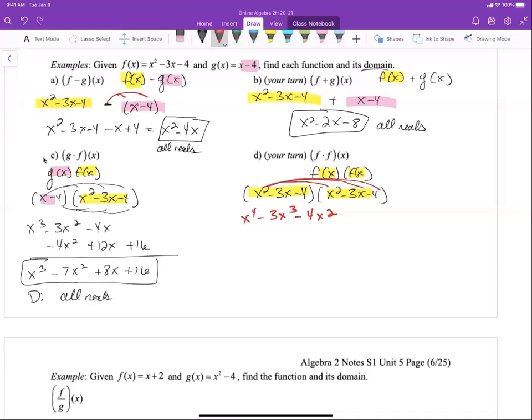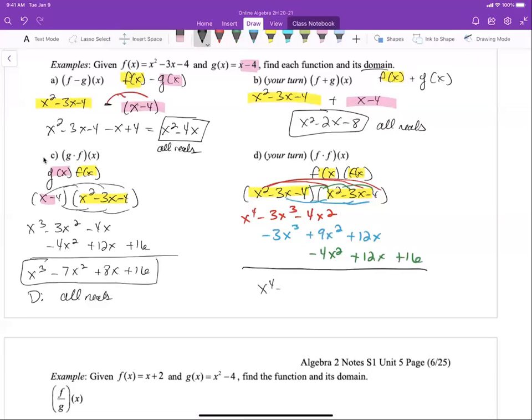Then I will multiply by negative 3x through each term, and I will get negative 3x cubed plus 9x squared plus 12x. And then I will multiply through by -4 to each one, and I will get negative 4x squared plus 12x plus 16.